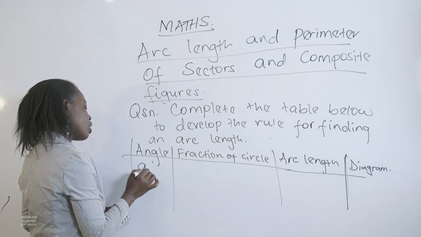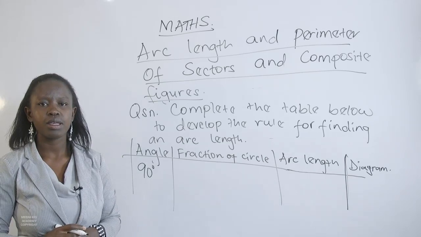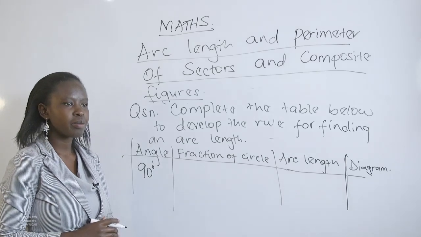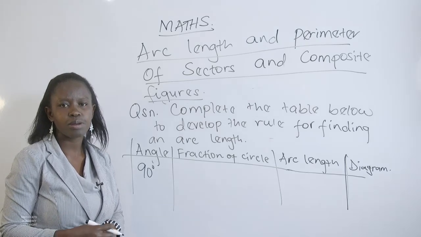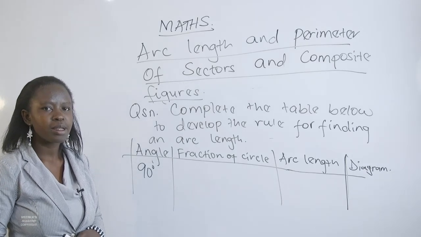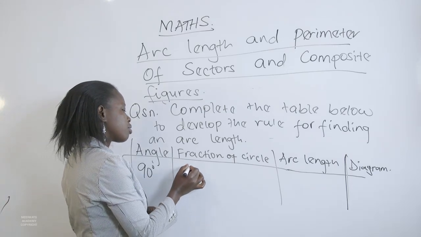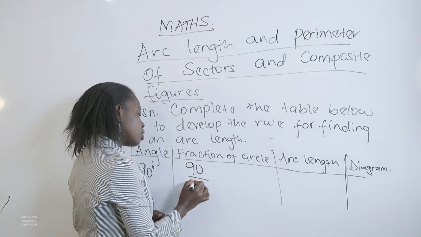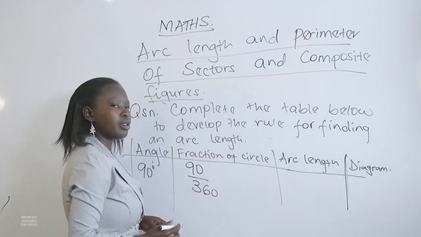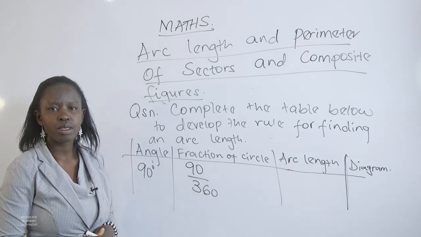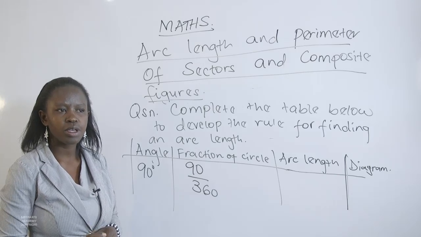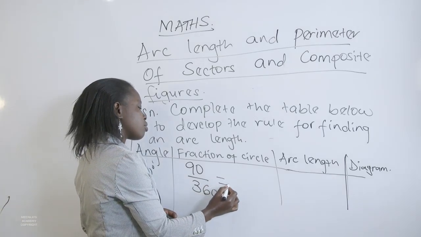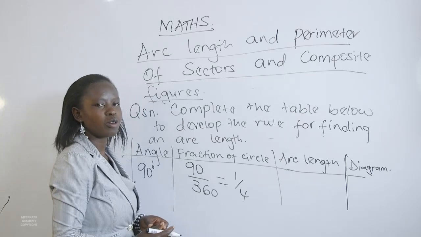The other angle we have is 90 degrees. So we need to know what fraction of the circle is represented by 90 degrees. This gives us 90 divided by 360, and 90 divided by 360 gives us 1/4.